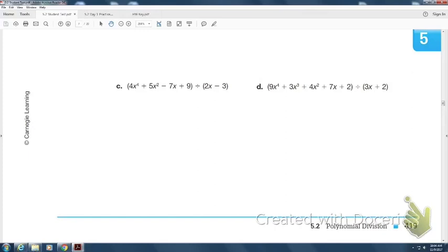It cannot go from 4 to 2 and be okay. It's got to go 4, 3, 2, 1, 0. So whenever we write this out, I'm dividing by 2x minus 3.